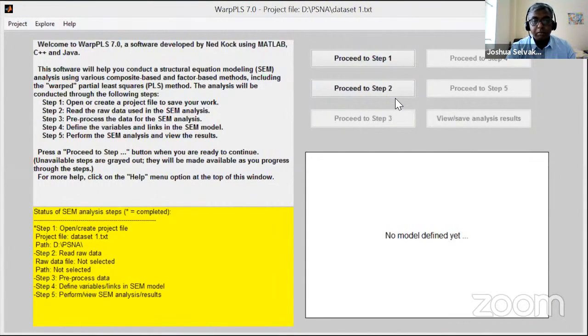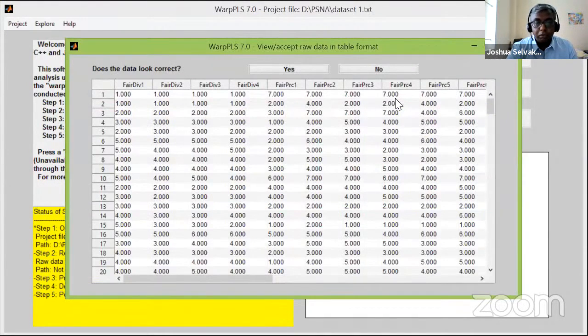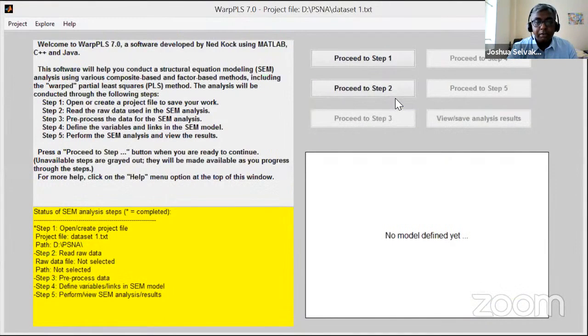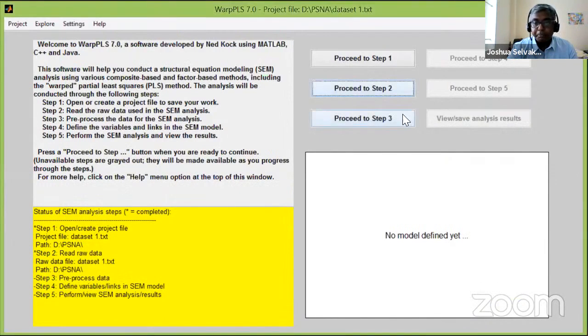So this takes some time. Okay, it's now loaded, all the data. Finish. Now the data looks like this, right? Yes. Okay, raw data has now been loaded.